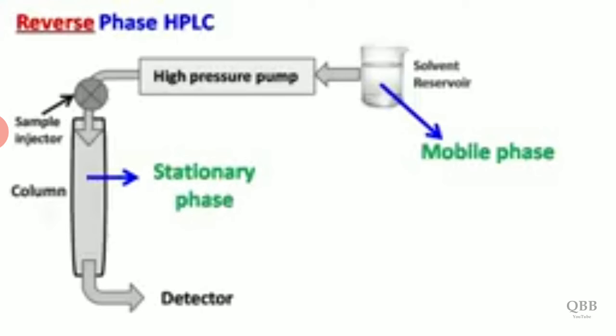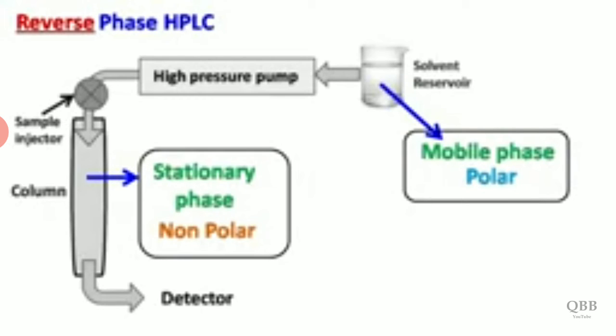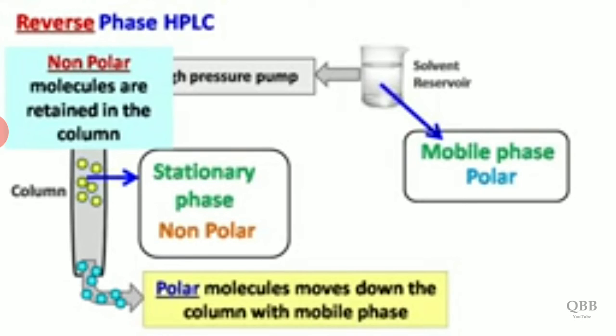On the contrary, in reverse phase, the stationary phase is non-polar and the mobile phase is polar. As we know the principle of like dissolves like, so in reverse phase HPLC the non-polar molecules will stick to the column while the polar molecules will move down the column with the mobile phase.